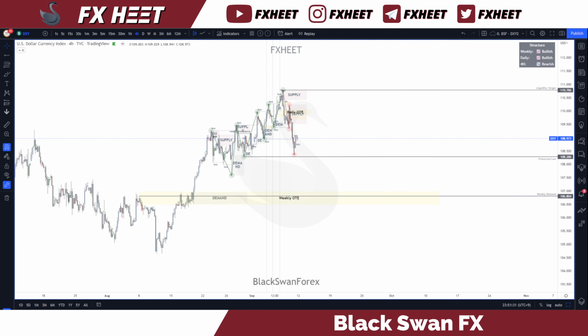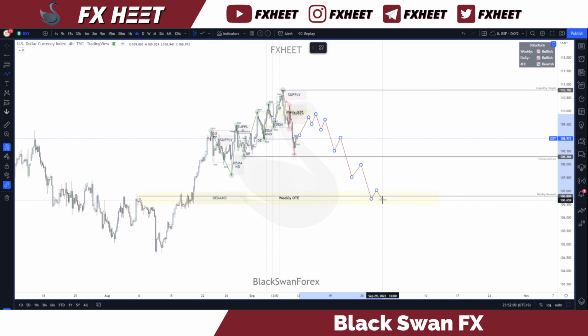So push to the upside into supply, whether it's the 4-hour OTE or the daily OTE, or just in the supply. And then after that we start to see a shift, and then price comes pushing to the downside, where my targets will be below the weekly demand and preferably within or at minimum the OTE level.